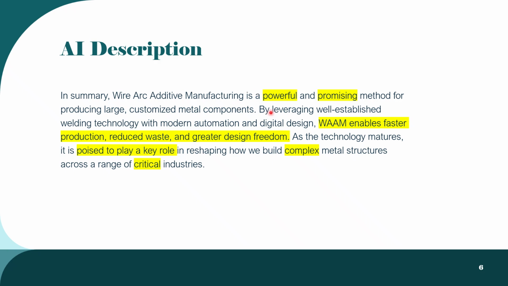You can see over-the-top adjectives like powerful, promising, complex, poised to play a key role, and critical, and also stacked information like "WAM enables faster production, reduced waste, and greater design freedom." It's a lot of more persuasive writing rather than the actual substance and description that an expert would have in their description.